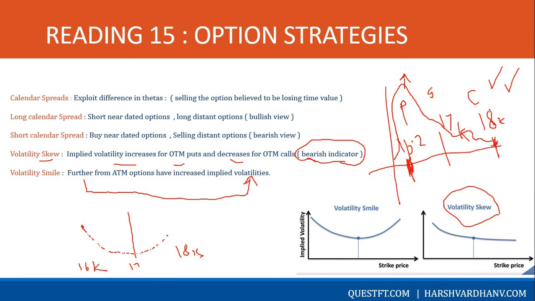But as and when you're going slightly out of the money, the interest is buying. So what does this volatility smile mean? Volatility smile means that the market is expecting a huge volatility on either side. But which side? That's not sure. So that's why there is a smile.